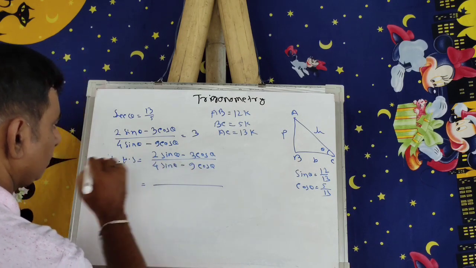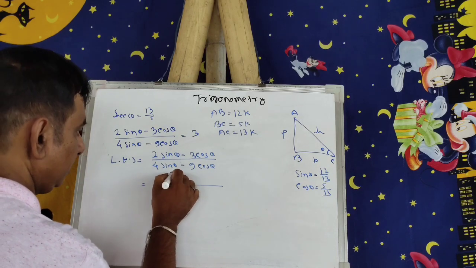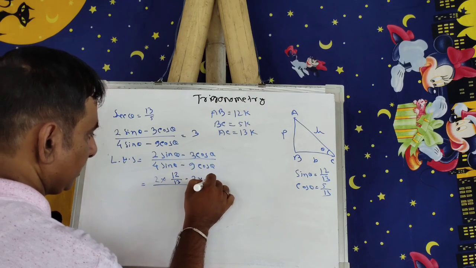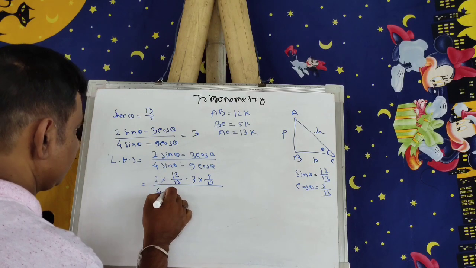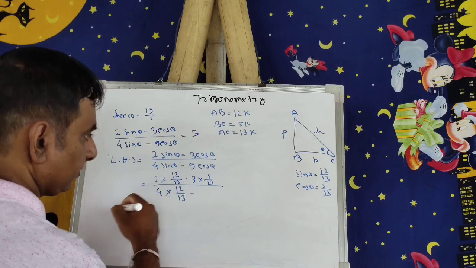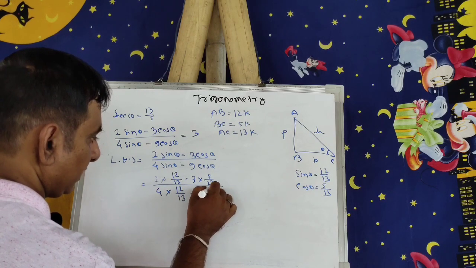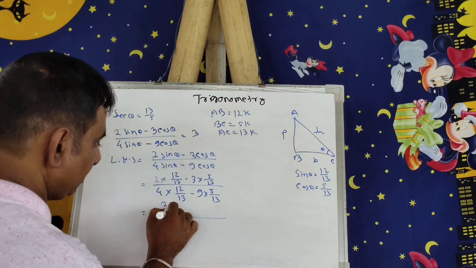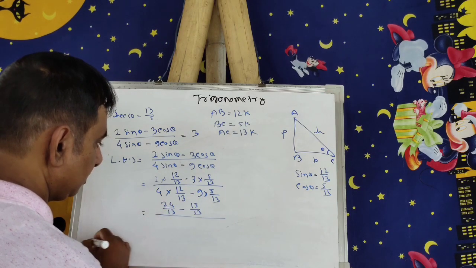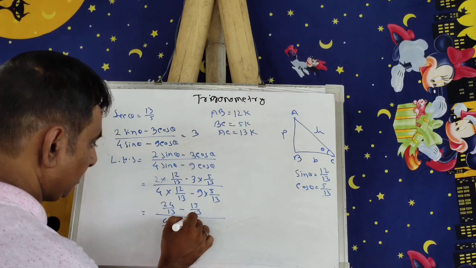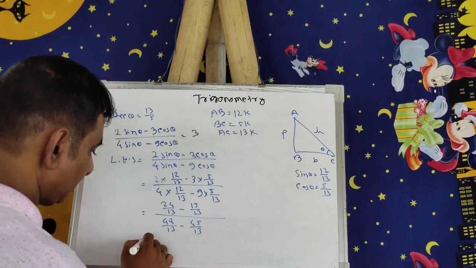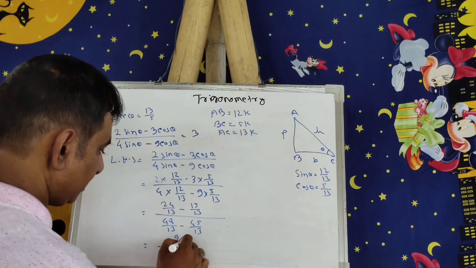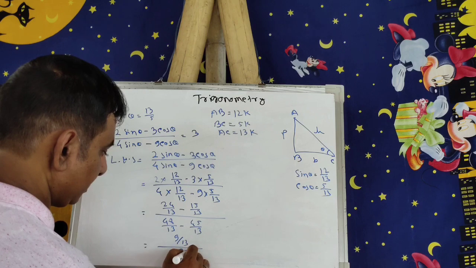So, 2 multiplied by 12 by 13 minus 3 multiplied by 5 by 13, over 4 multiplied by 12 by 13 minus 9 multiplied by 5 by 13, is equal to 24 by 13 minus 15 by 13 over 48 by 13 minus 45 by 13, is equal to 24 minus 15 is 9 by 13, 48 minus 45 is 3 by 13.